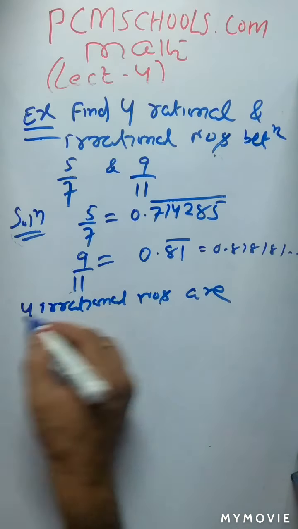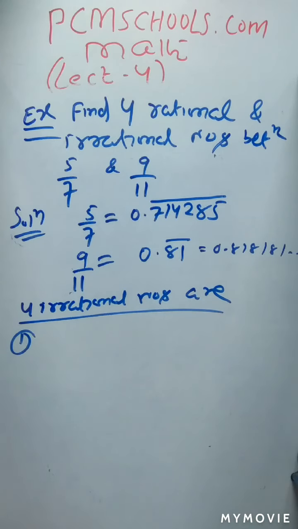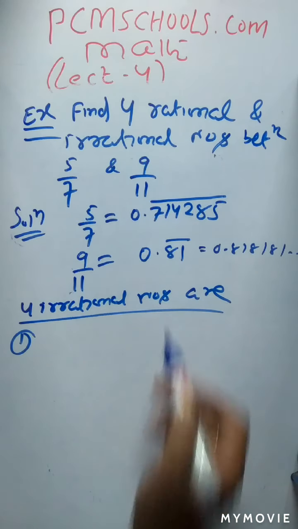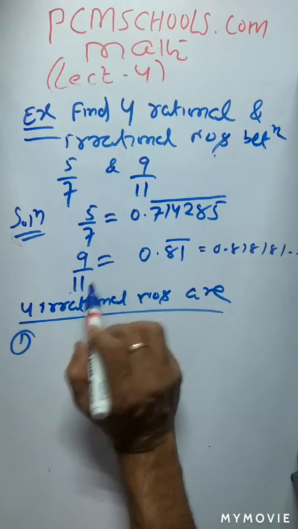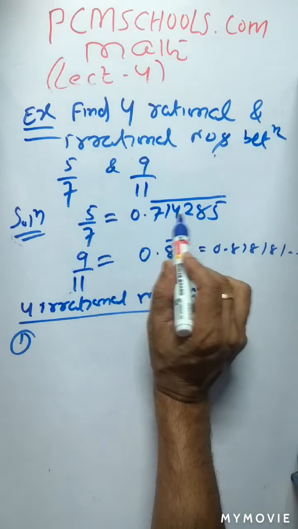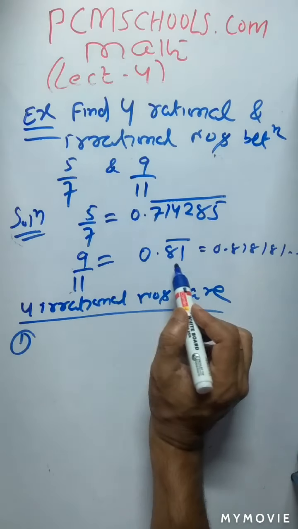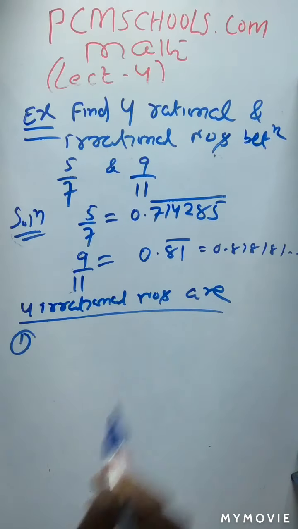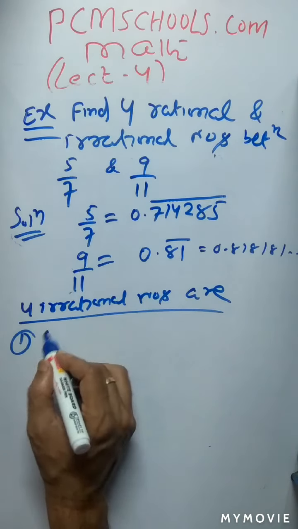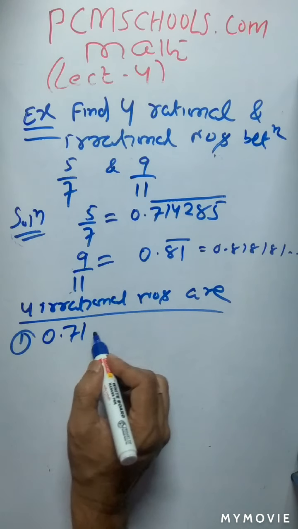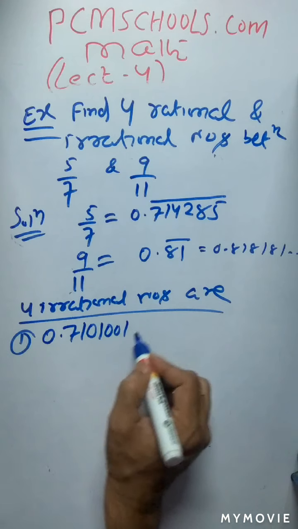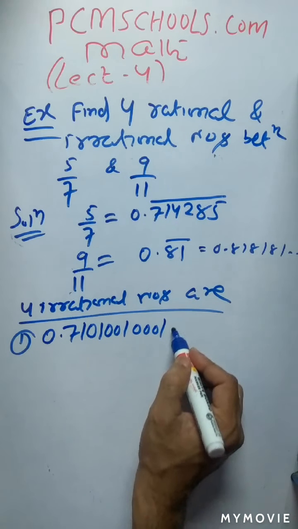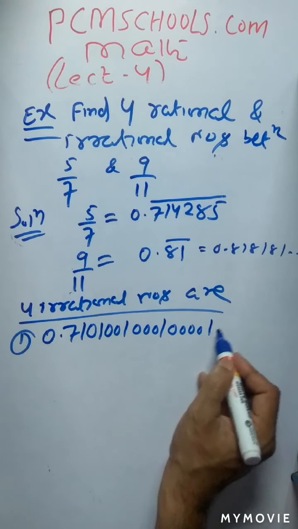Then we have to find four irrational numbers in between 5 by 7 and 9 by 11. Here the numbers start from 5 by 7, which is 0.7142 like this, to 9 by 11, which is 0.81 repeating.